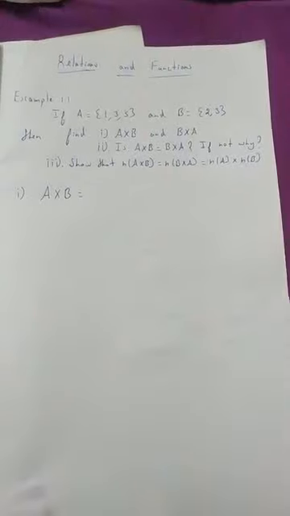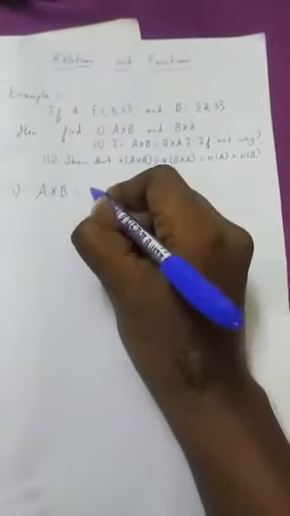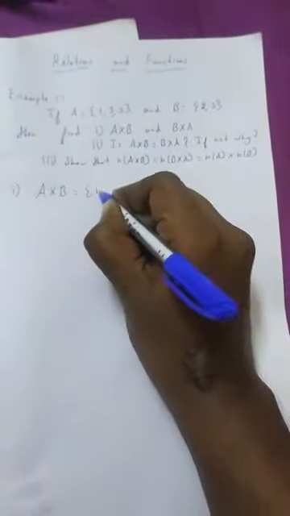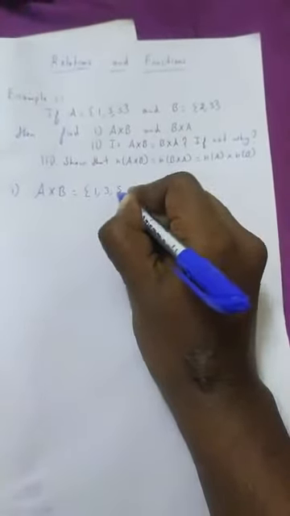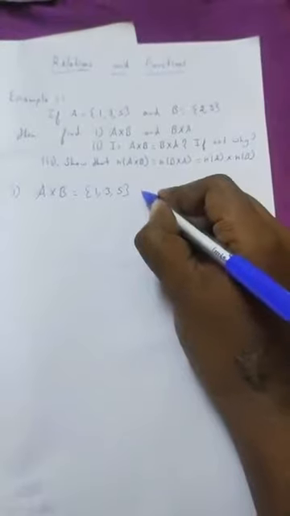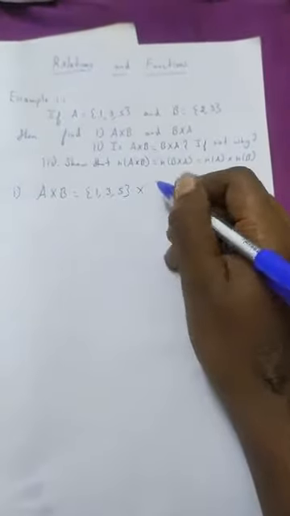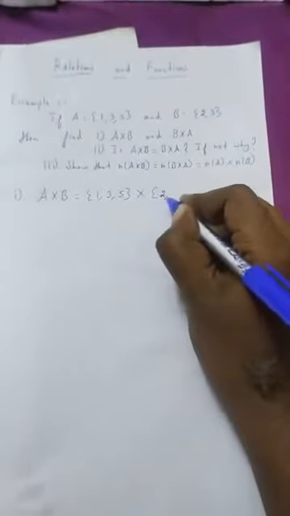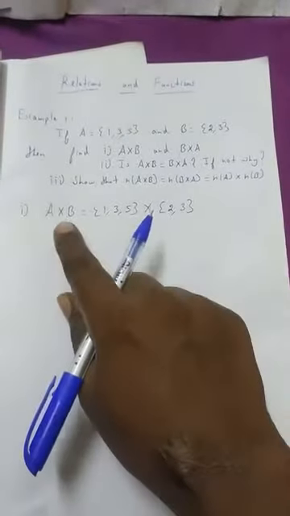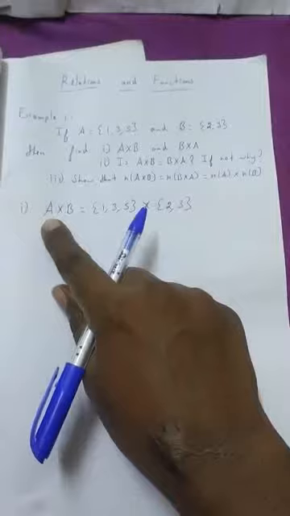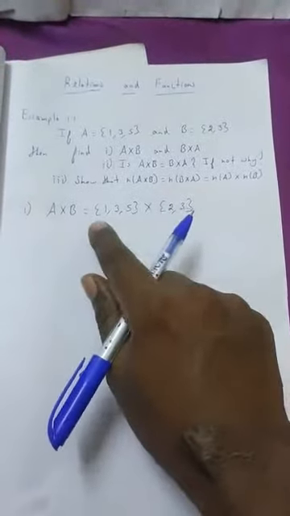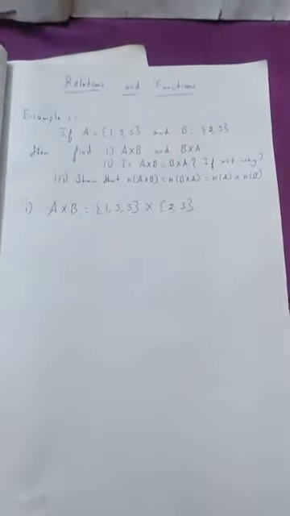Now the procedure is first we have to write A. What is A here? 1, 3, 5. Cross B. What is B here? 2, 3. Right? So we have to find A cross B, that is the Cartesian product of A and B.